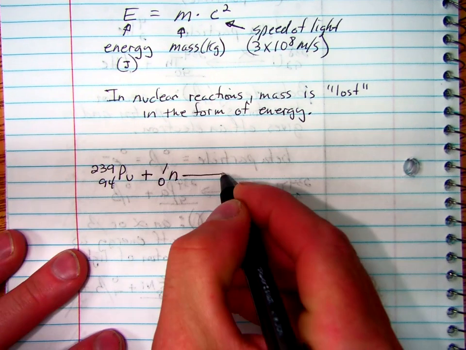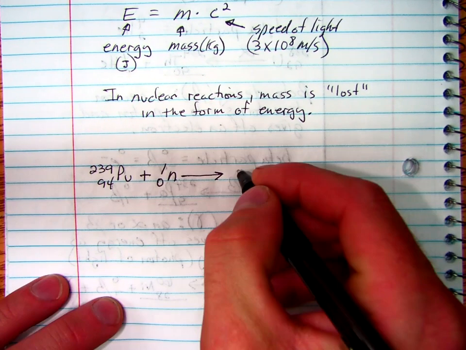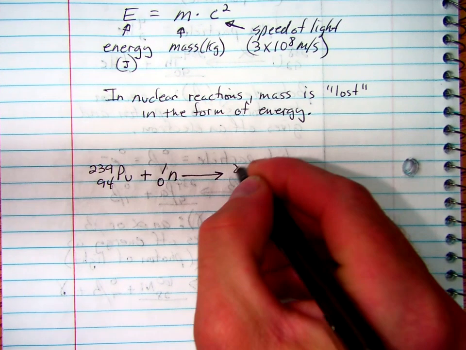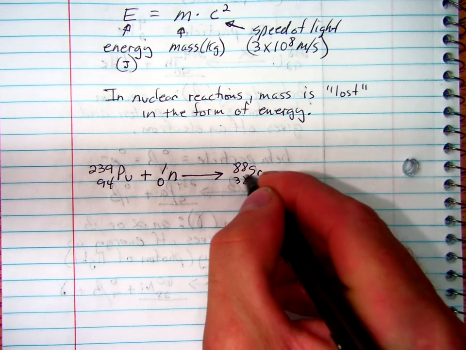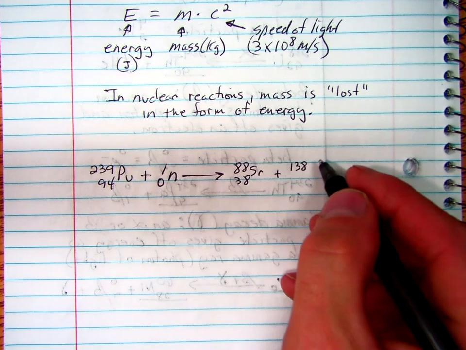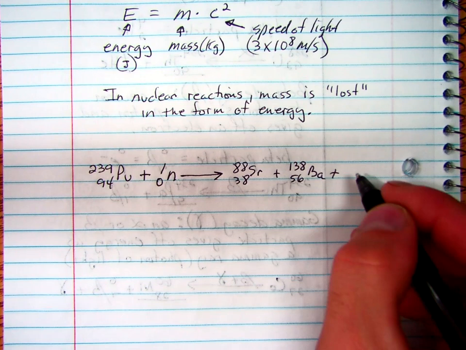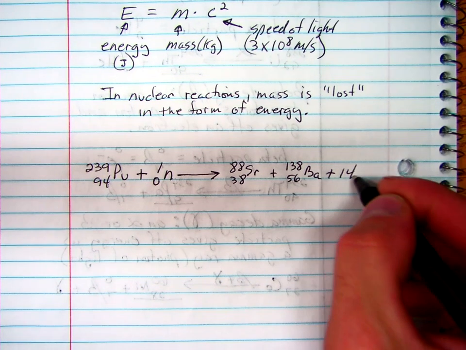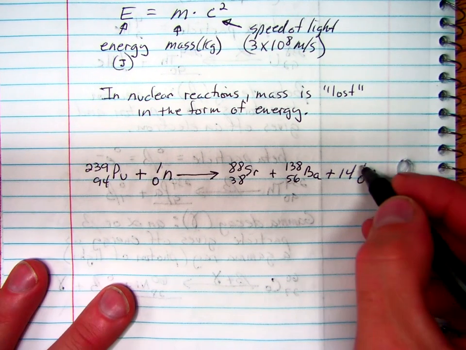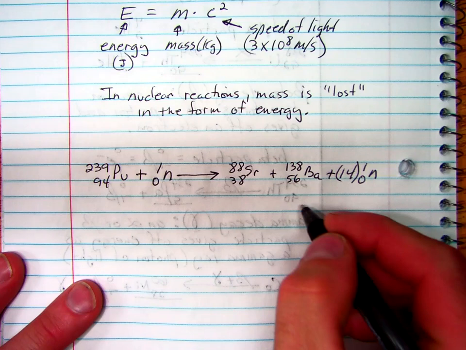And through this fission reaction, we have three things produced: strontium-88, and barium-138, and 14 neutrons, plus energy.